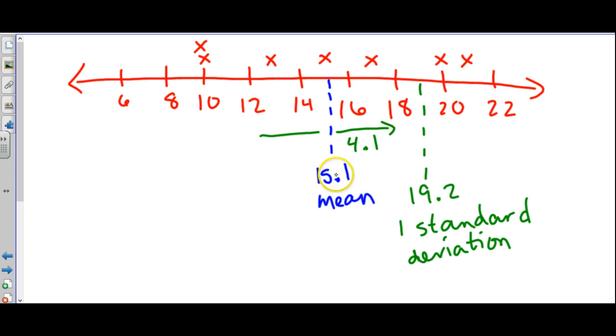In the other direction, if I do 15.1 minus 4.1, that will take us to 11. That is also considered one standard deviation away. I've only done one 4.1 away from the middle.